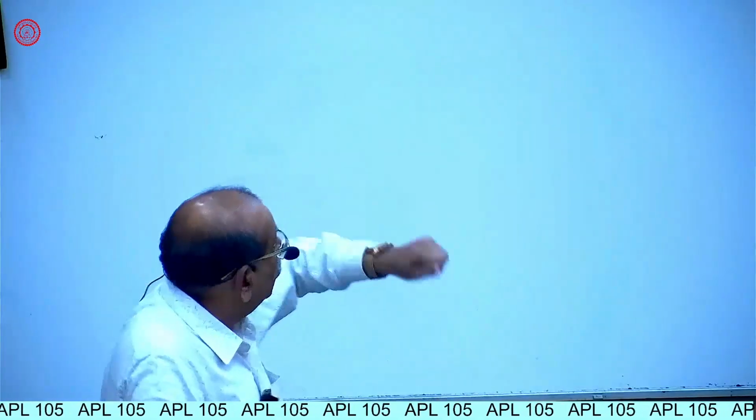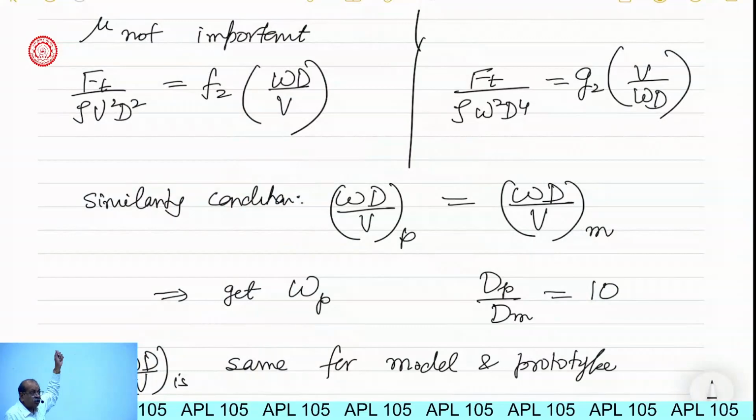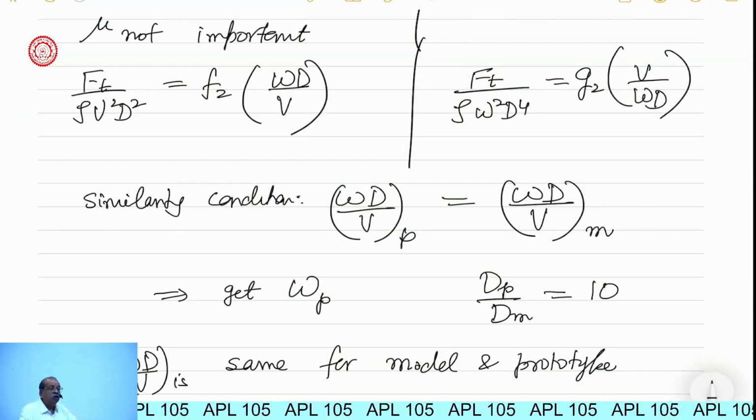So while calculations are very simple, overall the concept is very, very powerful. That you carry out tests on something which is geometrically similar to the actual situation, then you are able to estimate the forces or the quantities which you need on the huge prototype, which otherwise would be very difficult.